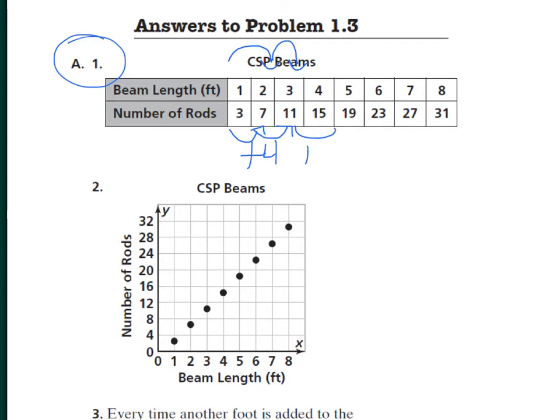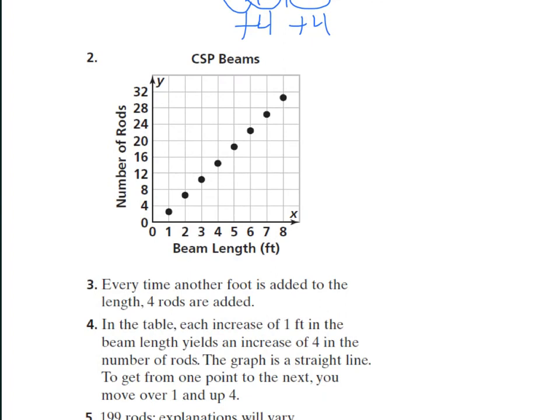So we have a linear pattern, and the constant rate of change is 4, and hopefully students start noticing that from a table. We can also see that from the graph, where every time the beam length increases by 1 foot, the number of rods increases by 4 in a straight or linear pattern.